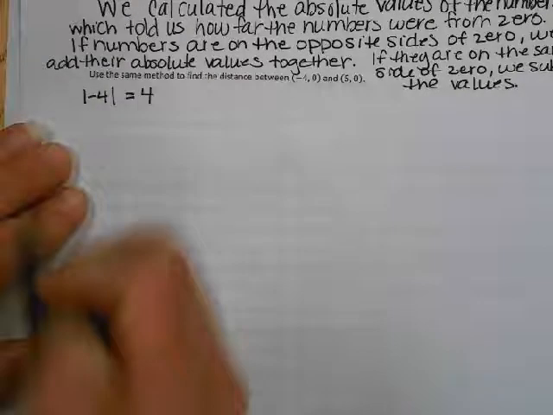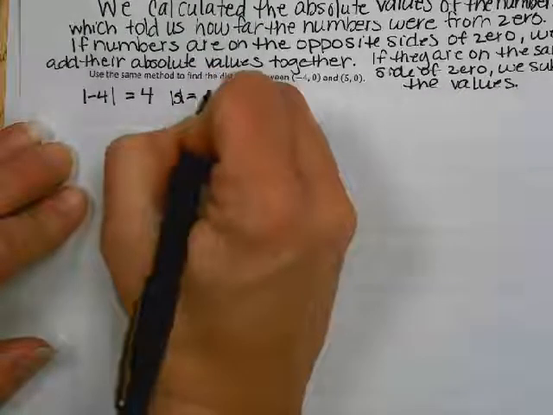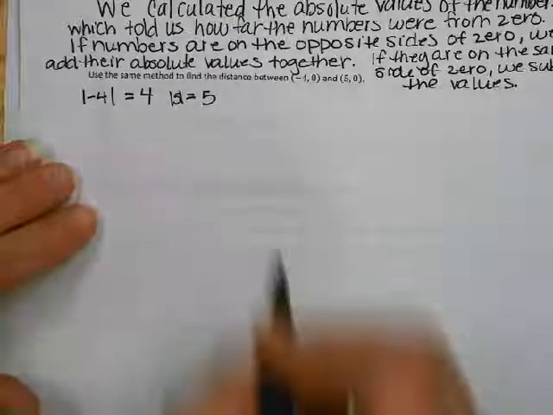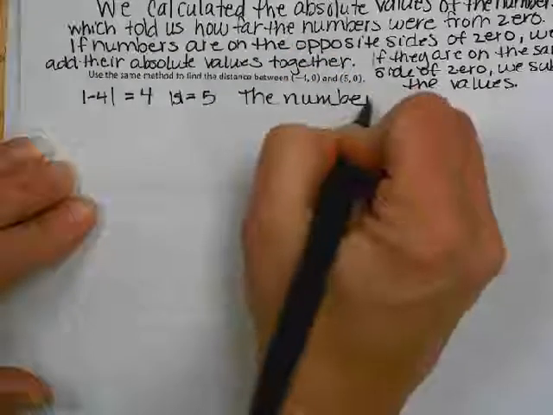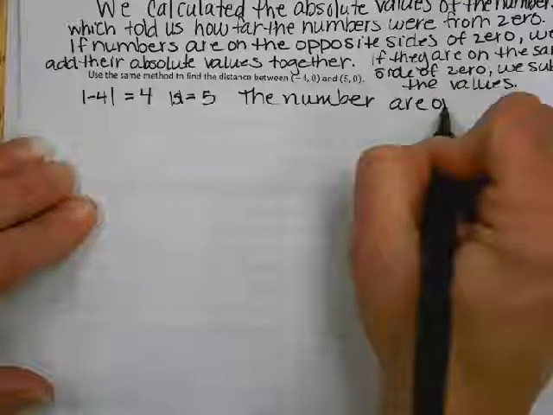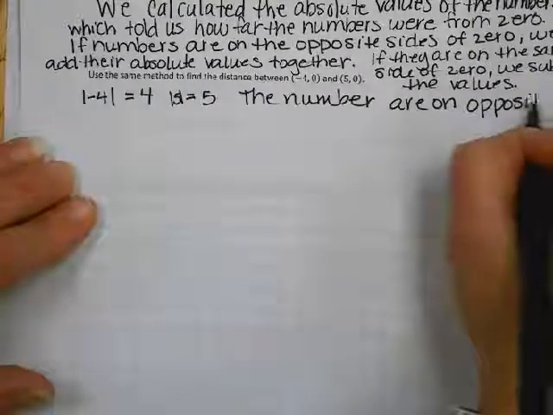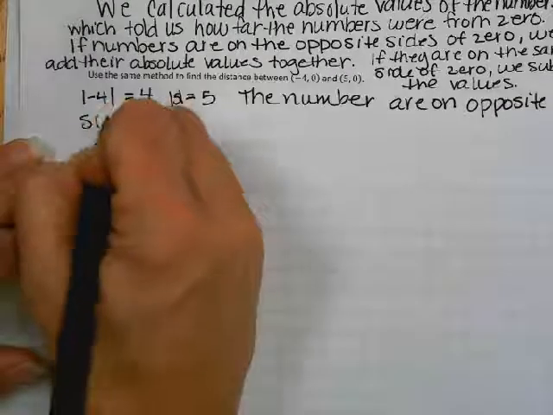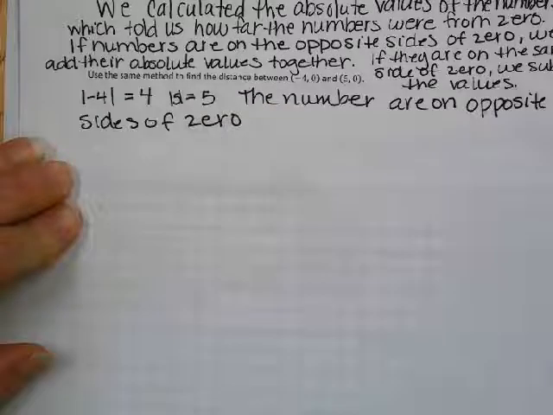So to find the distance between these 2 points, I first find the absolute value of -4, and I know the absolute value of -4 is 4. I find the absolute value of 5, and the absolute value of 5 is 5. So because the numbers are on opposite sides of 0, and I know that because we had a negative and a positive, that means they'd be on opposite sides on the number line.